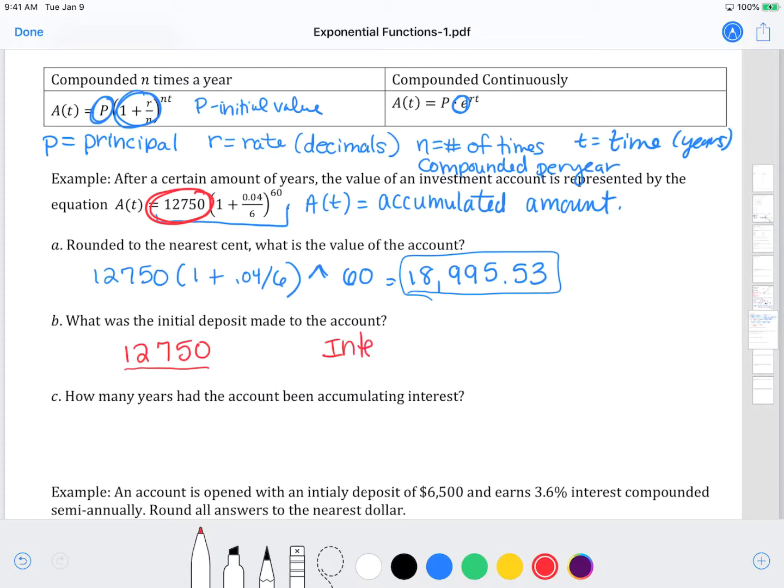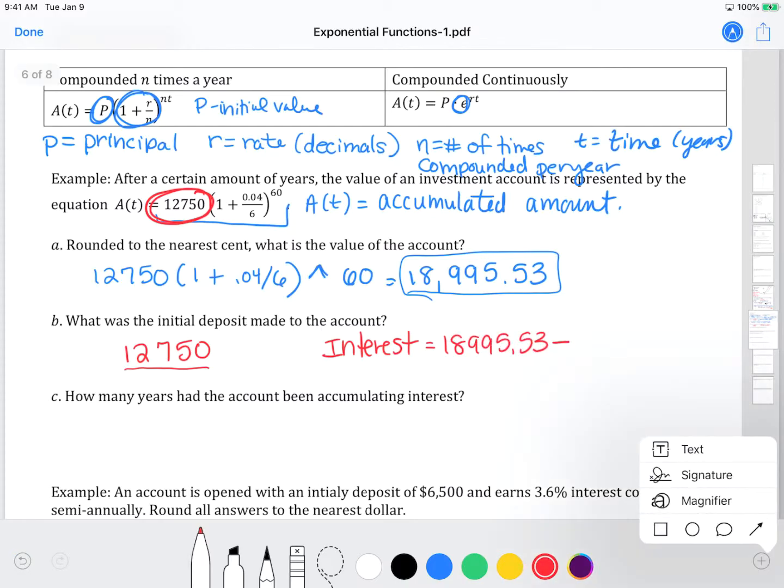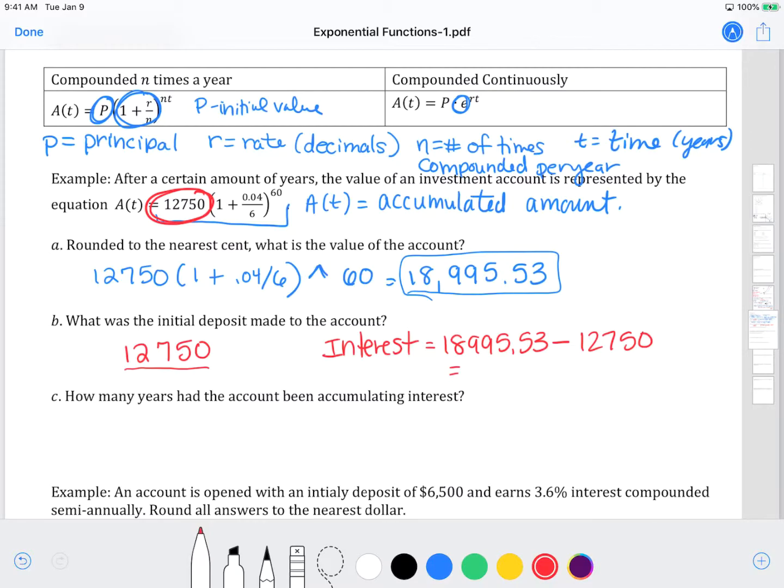So if I wanted to find interest, I would take the 18,995.53 and subtract the initial amount, and whatever's left over is the money that was given to me by the bank for interest. So when I subtract that, I would get 6,245.53. So this would be the interest. Just like if I said I had $11 left in my account at the end of the month and I originally deposited $10, the extra stuff that's in there would have to be the interest.